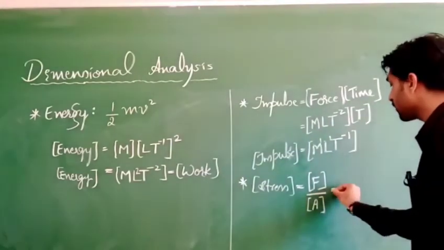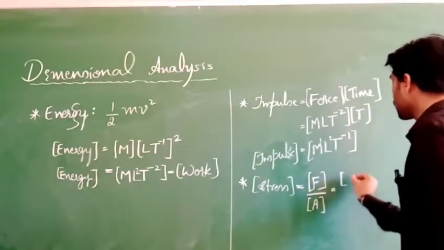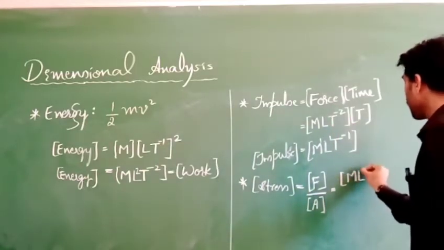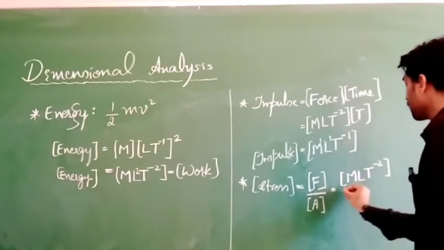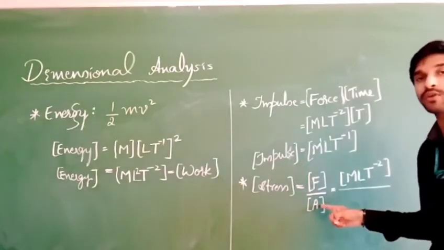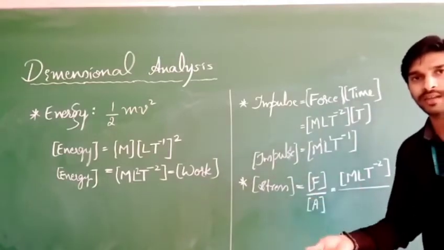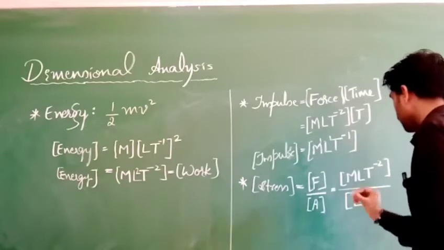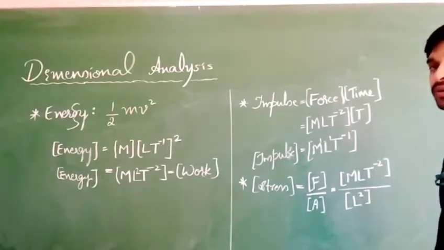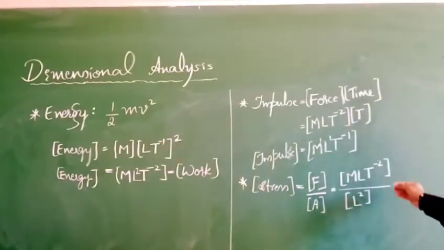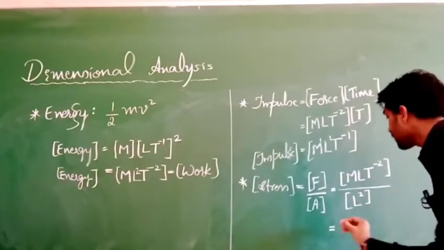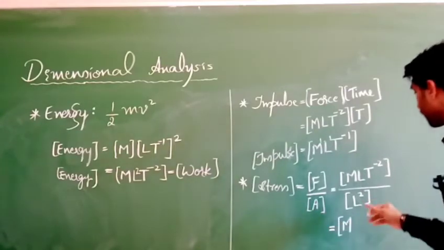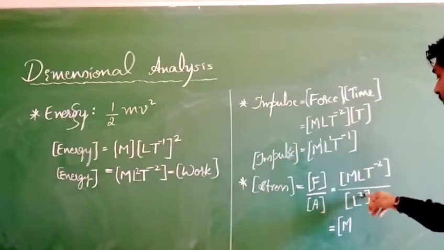So the dimensional formula for force is what? Here we already wrote it: M L T power minus 2. Now area means length into breadth, that means L square. So finally, the dimensional formula for stress will become M, then L power 1 in the numerator and L power 2 in the denominator.